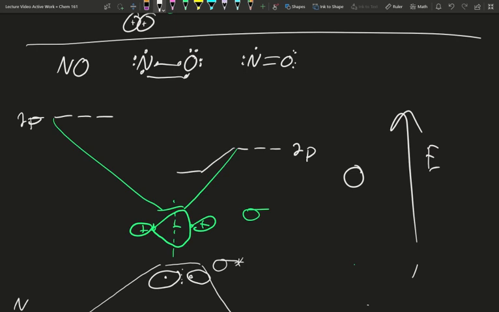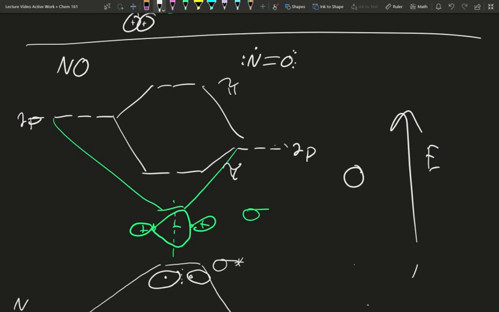As we bring together our pi's and our anti-pi, and if we wanted one last pi star, we won't have enough electrons to fill it, but we can identify that it would be there.